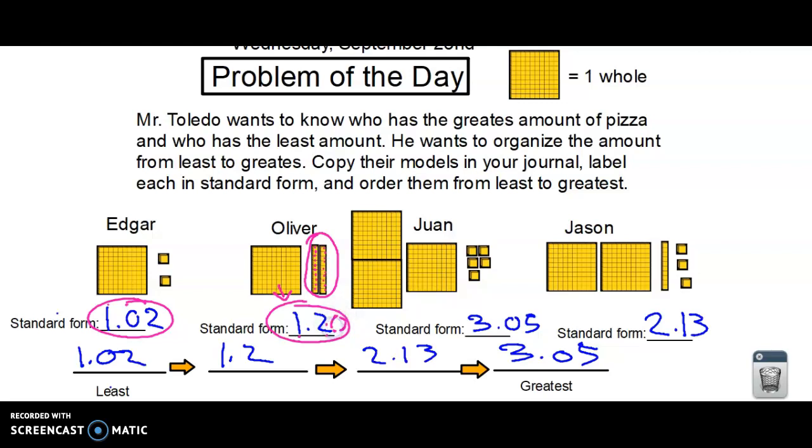Therefore, even though the 0 is not there, that doesn't mean it does not exist. You can put the invisible 0 there. So 2/10 represents 2/20. Now looking at the difference between Edgar and Oliver, Edgar is at $1.02, while Oliver is at $1.20.